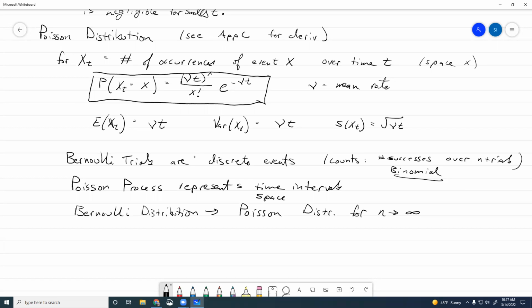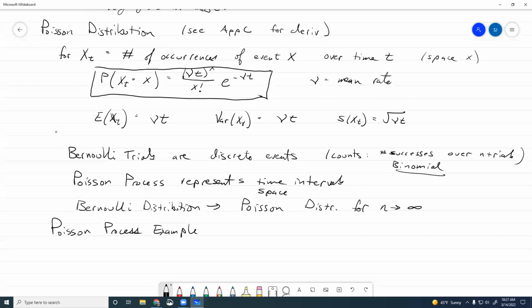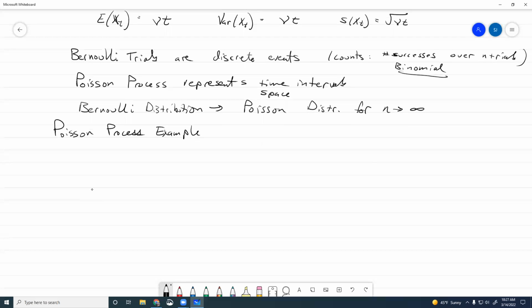So I'm going to give you just an example of a Poisson process, and then I want you to think of some other examples. You've already done this before, and we could think of it in a number of different ways, but we can think of it as a Poisson process.